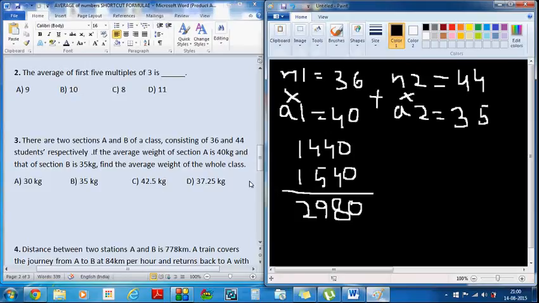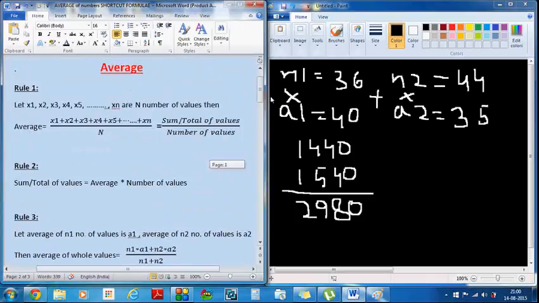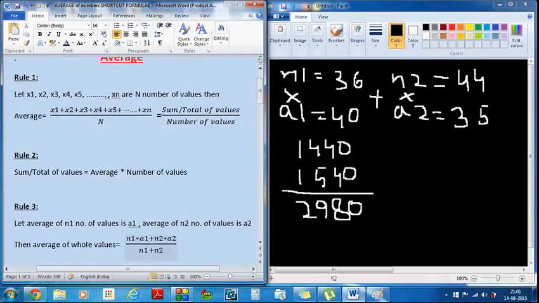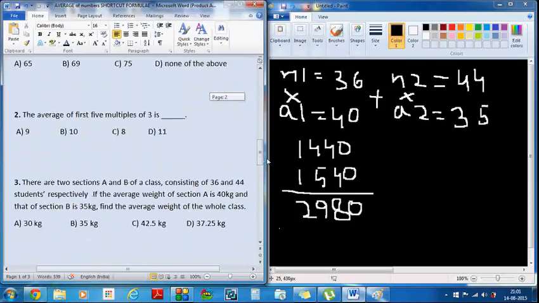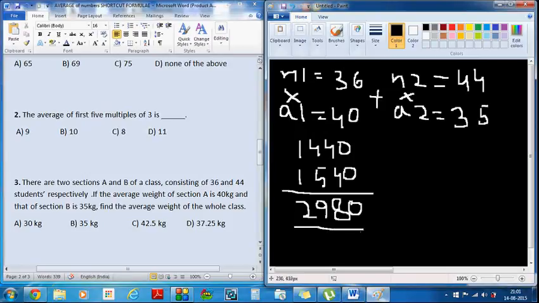Here you see the formula N1 into A1 plus N2 into A2, whose value is 2980, and the denominator is N1 plus N2. So it will be divided by N1 plus N2. N1 plus N2 will be 80, so divided by 80.